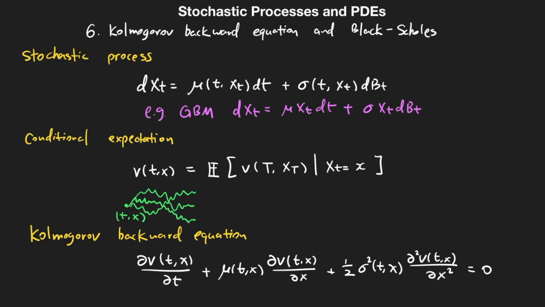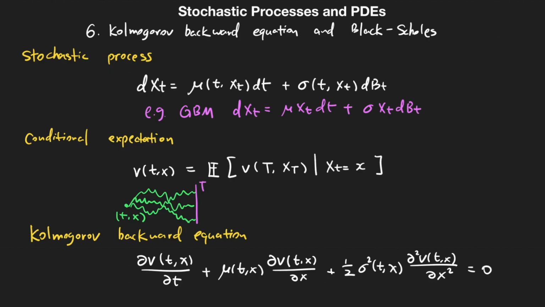The quantity that we are interested in is at time capital T. So the process value at capital T is random, right? Basically, this XT is a random variable. And we are interested in the expectation of some function whose value depends on the process value XT.